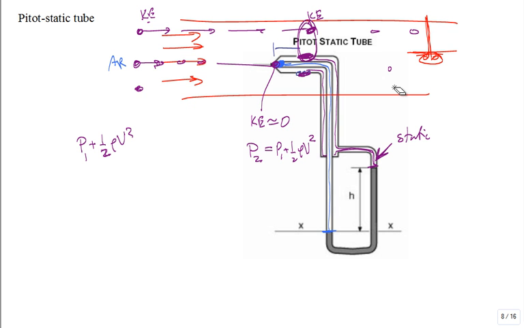So you have the static pressure pickup on the sides, and in the front you have what they call the total pressure, made up of the static pressure plus the velocity pressure. So what's the difference that the manometer measures? The manometer measures the delta P, which is the difference in the pressure between the tip and the sides.